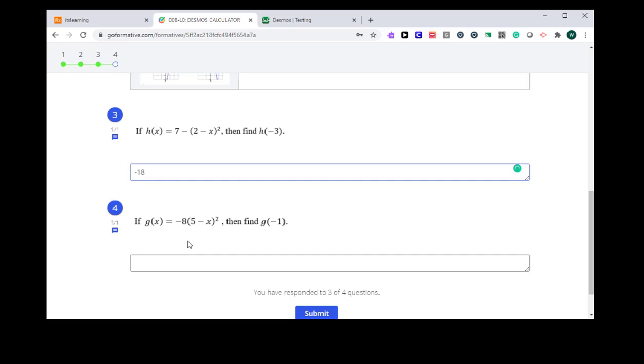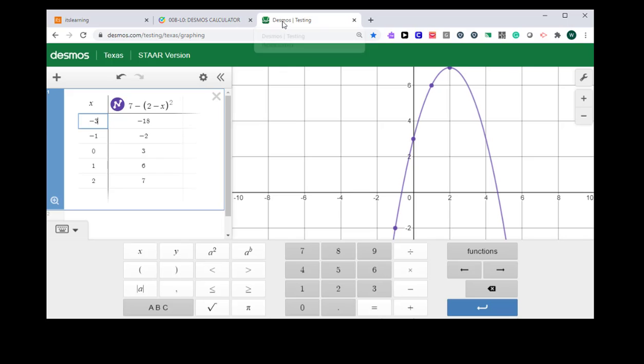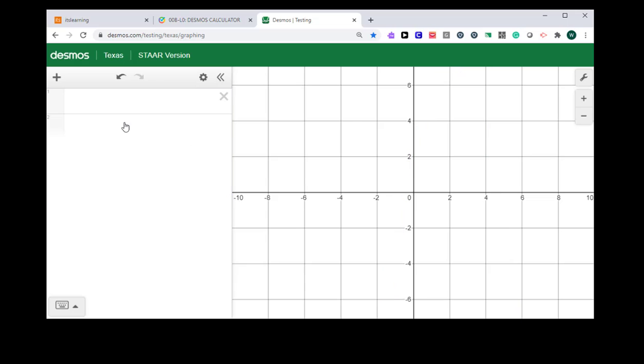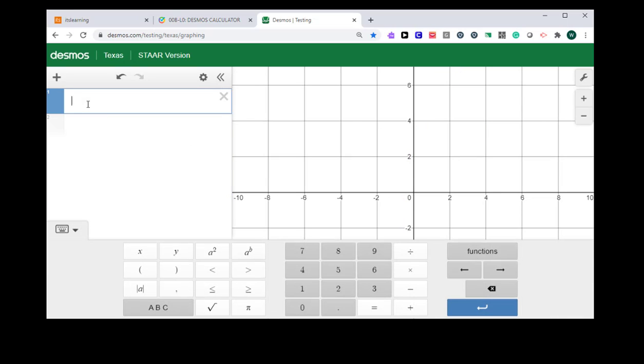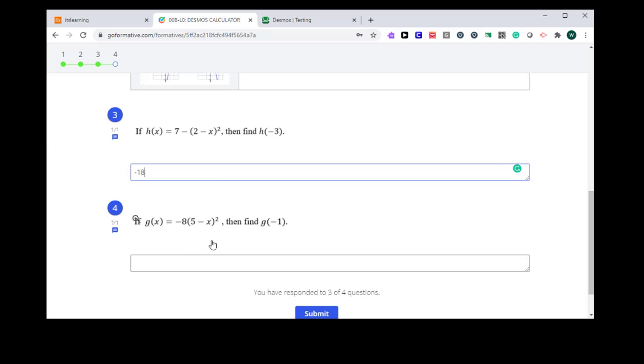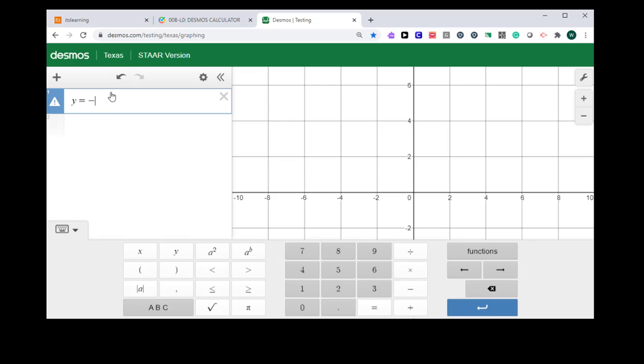Let's do the next problem, number 4. So we click there, we click the X there, and we're going to enter the new equation, which is y equals, let's take a look again, -8 parentheses 5 minus x, close parentheses, and square.